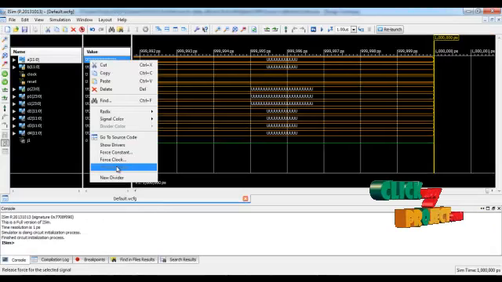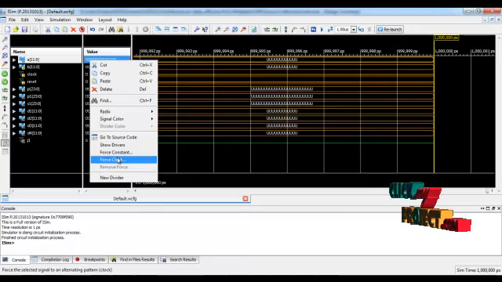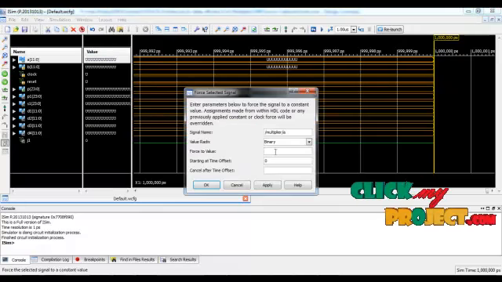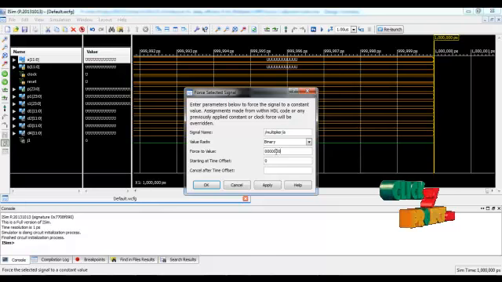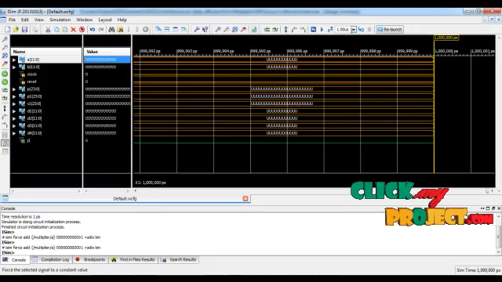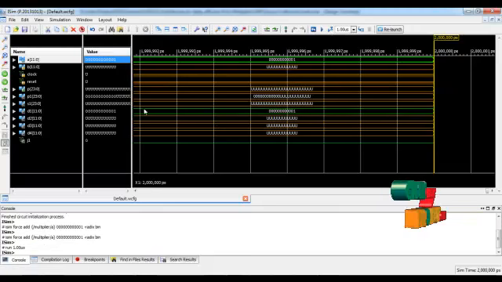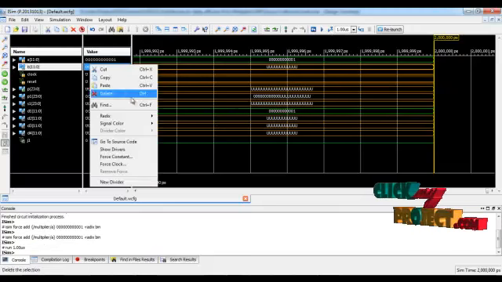First set the constant force value 001. This is D1 generation.